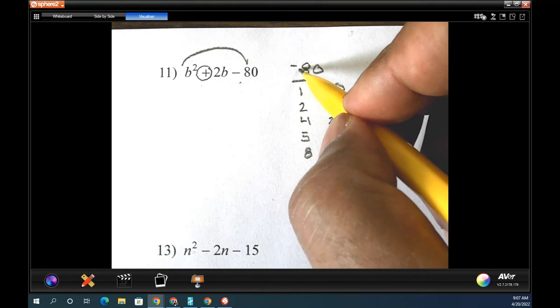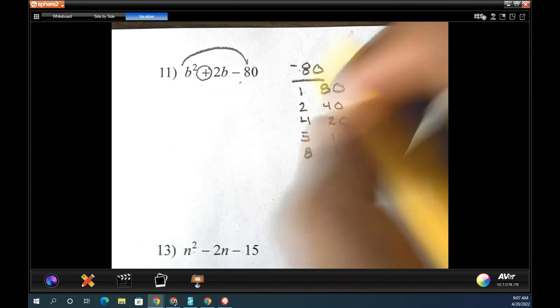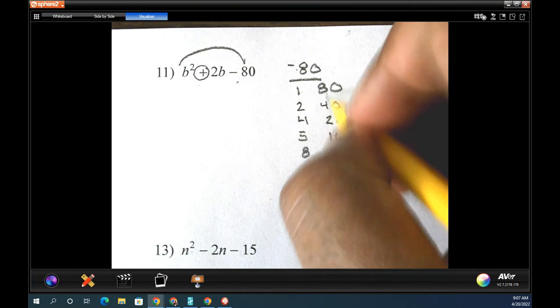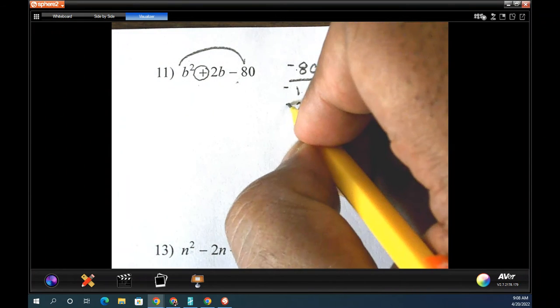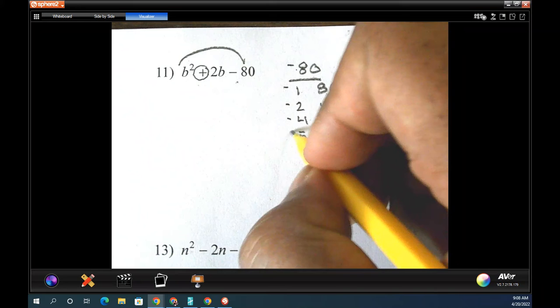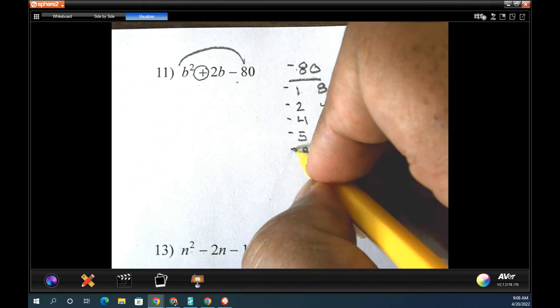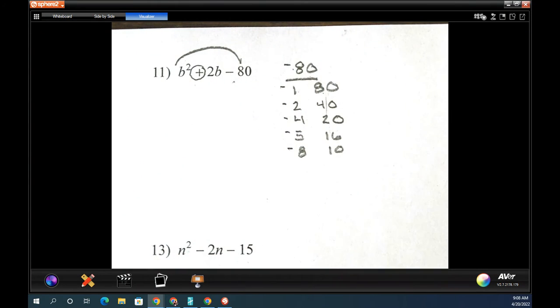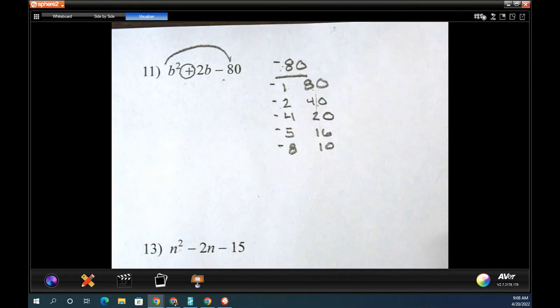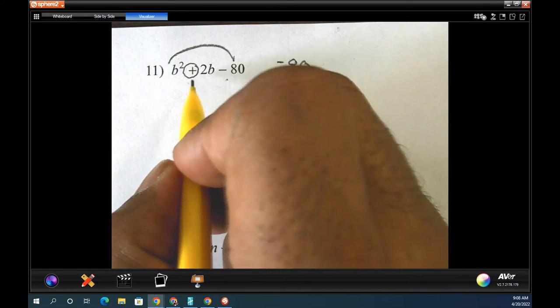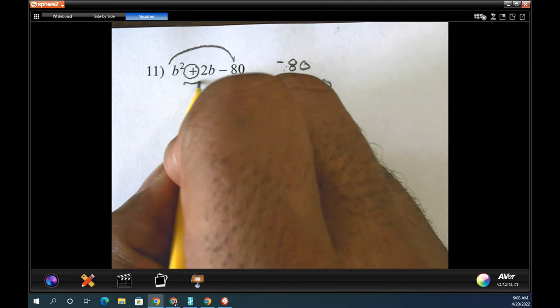But that's negative 80. A positive times a positive is a positive. We know these have to be positive, so we have to change the smaller ones to negative. Make the smaller ones negative, okay? Now, a negative times a positive is a negative. We do our sign check. Now, this is where it goes back to what we did.